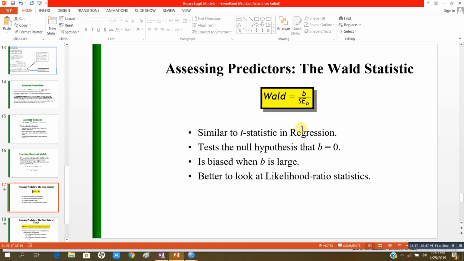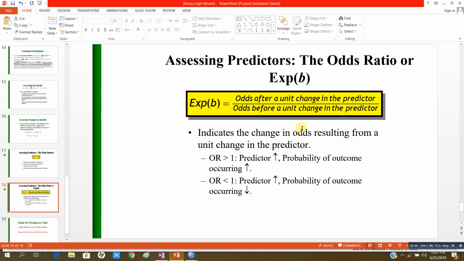Here is assessing predictors, and these are the odds ratios. The odds ratio is given by exponentiated beta, that is, e raised to the power of the coefficient b, which is equal to the odds after a unit change in the predictor divided by the odds before a unit change in the predictor. The exponentiated beta, or the odds ratio, indicates the change in the odds resulting from a unit change in the predictor.